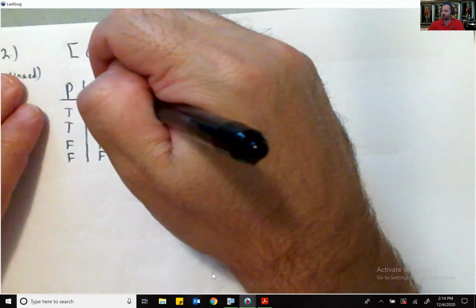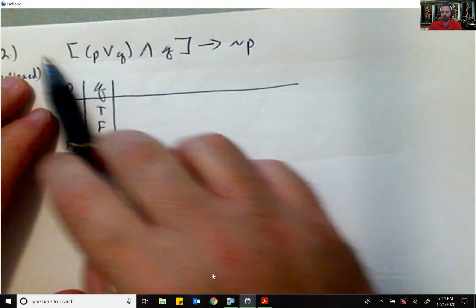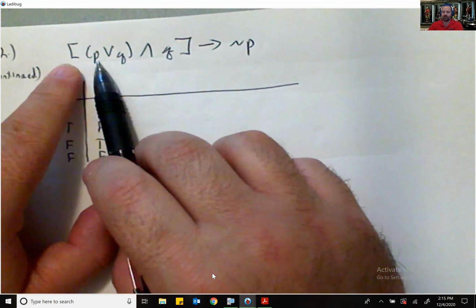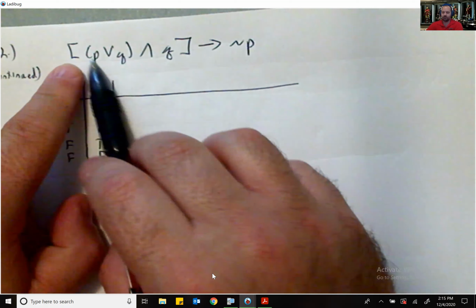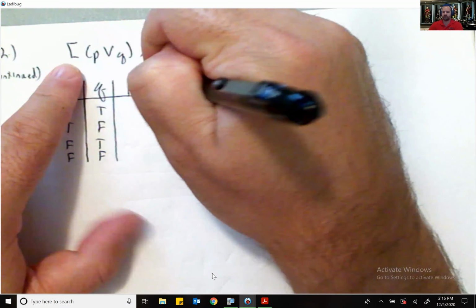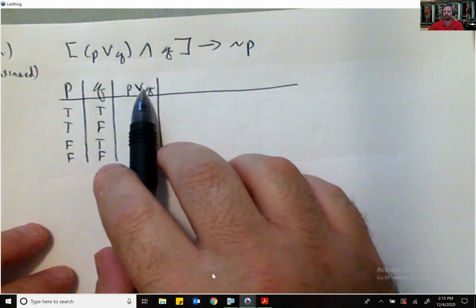All right, so we're going to start working inside our parentheses, which is our brackets. And then notice inside those brackets, you got another parenthesis. So we need to take care of this piece first. P or Q. And as you told me before, ors are only false when both are false.